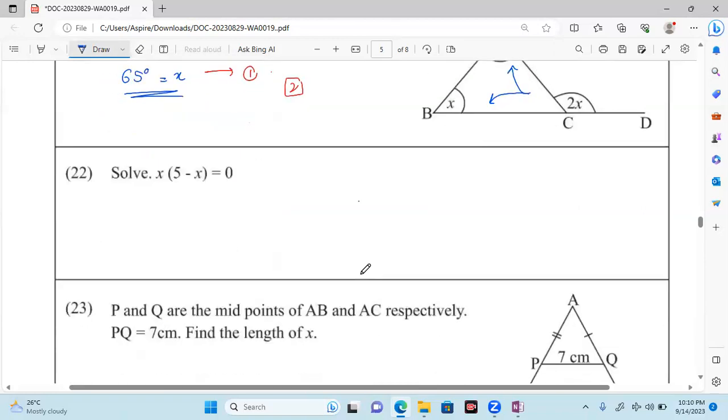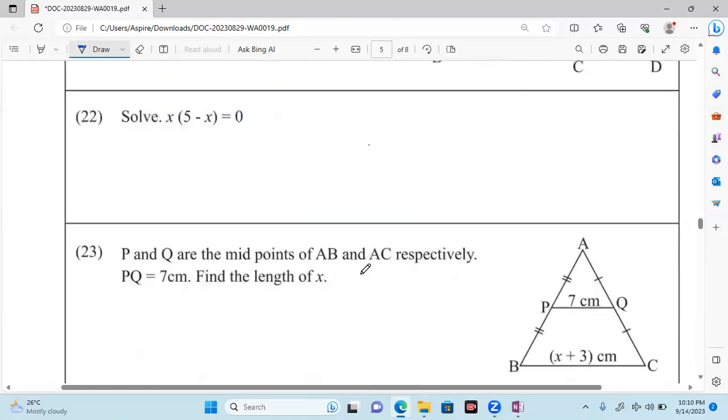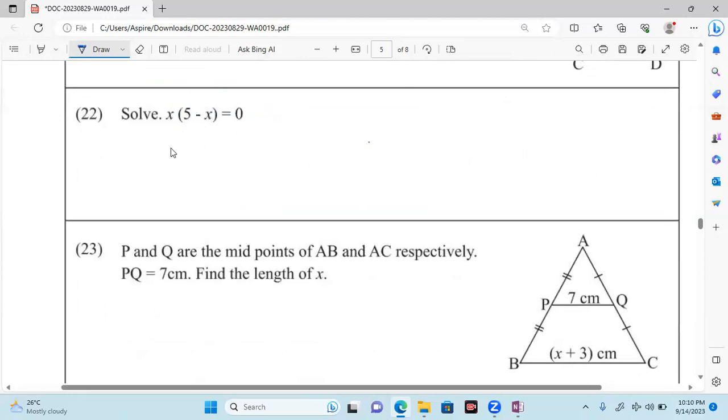Next, you have to solve this one. When you solve this, sometimes you may obtain different kinds of answers. But before I explain the answer, here I will show you what this is.